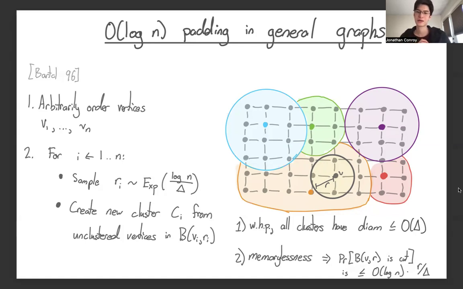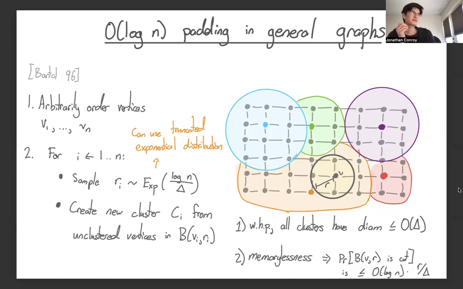Furthermore, with high probability, all clusters have diameter at most O of delta. And this "with high probability" can be removed and made deterministic by using, for example, a truncated exponential distribution, which is an exponential distribution conditioned on getting something between 0 and O of delta.